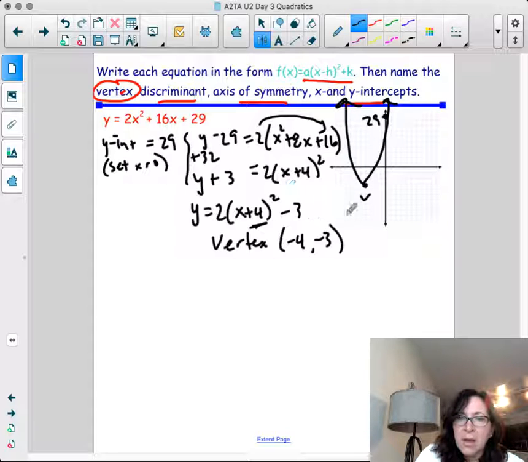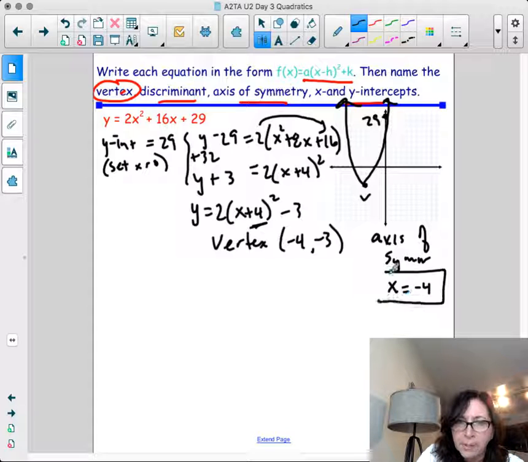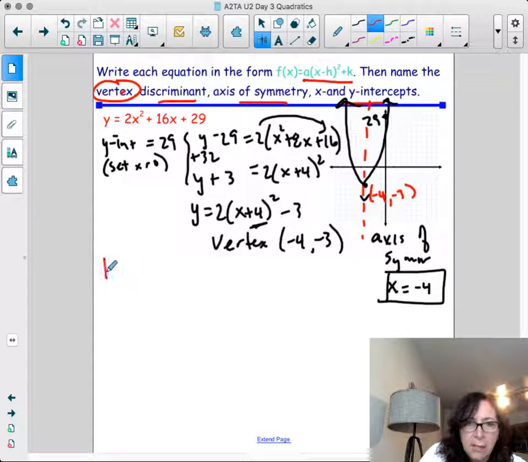Now, I also know my axis of symmetry, which is going to be this value here. So x equals -4. I know that because the graph cuts right through here, that being -4, comma, -3, it's going to cut right through there at -4. My discriminant, which is b squared minus 4ac.